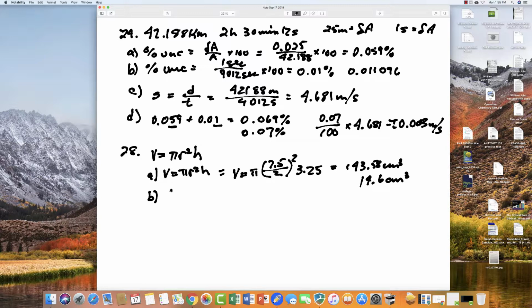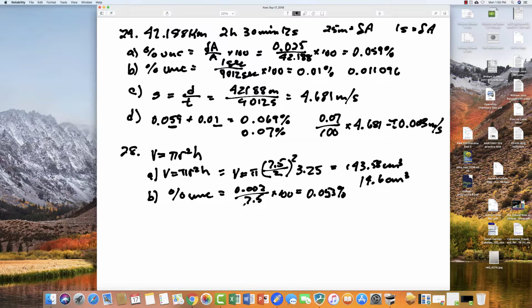So the percent uncertainty for the first one is going to equal 0.002 over 7.5 times 100. If you do that math, you get 0.053%.